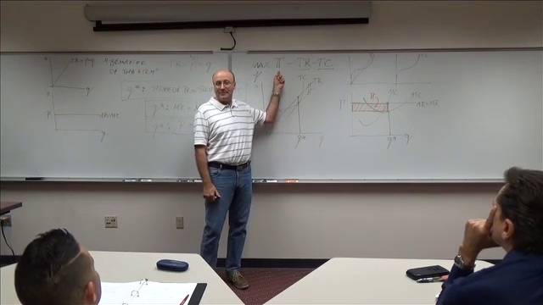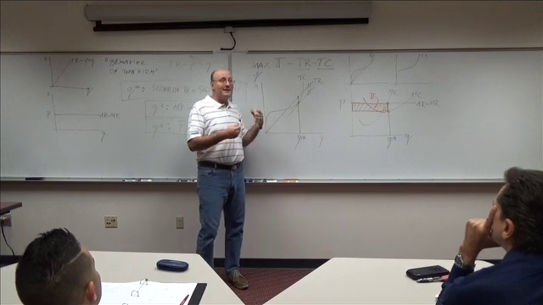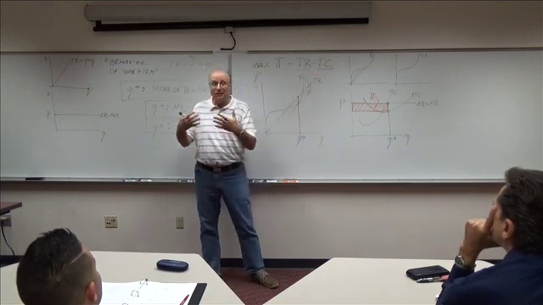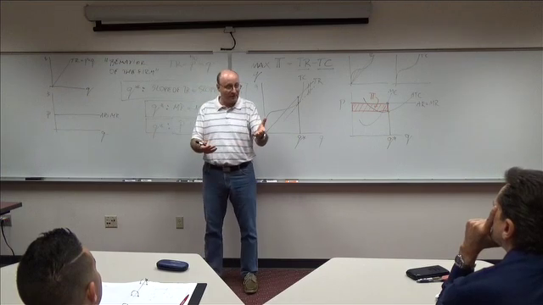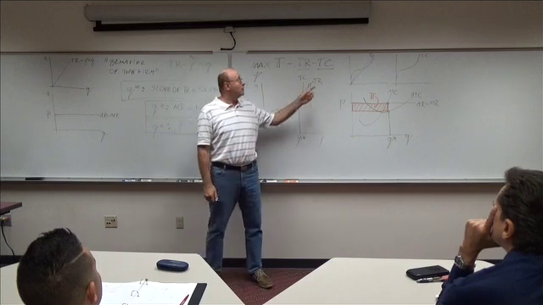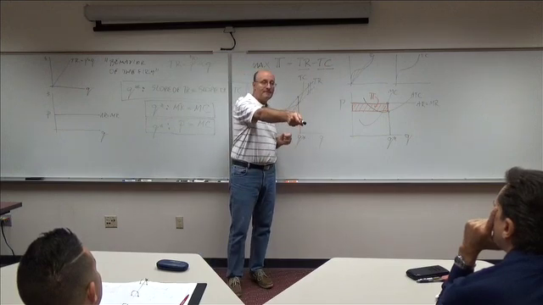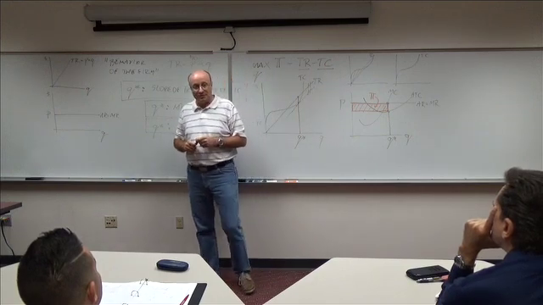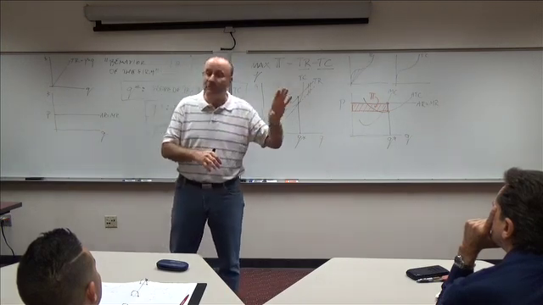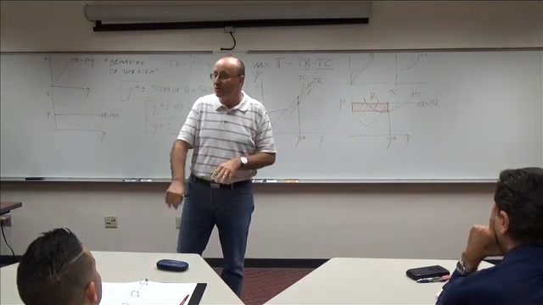Okay? Economic profit. In other words, economic profit accounts not only for your accounting costs, right? Explicit costs that your accountant takes into account, but it also accounts for the opportunity cost. In other words, the cost of doing what you're doing in terms of all the opportunities you gave up to do what you're doing.